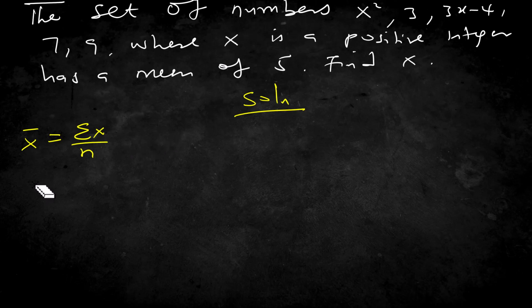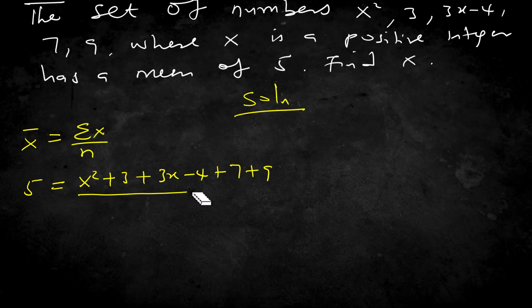So we have 5 equals x squared plus 3 plus 3x minus 4 plus 7 plus 9, on 5.